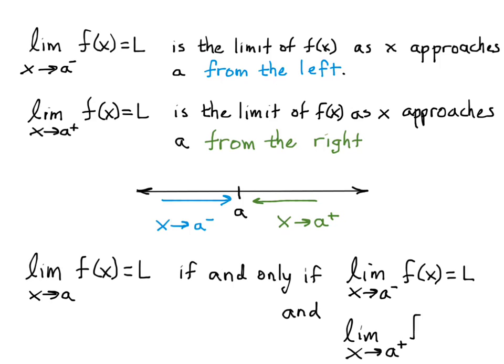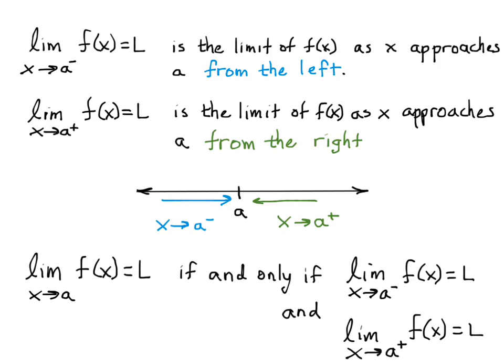I'm going to say that we have a limit if the limit is the same from both sides. Let me show you where this isn't the case. If I have a function that looks like this, here's my a, and this is one value of y, and this is a different value of y. As I'm coming from the left, my limit may be here.